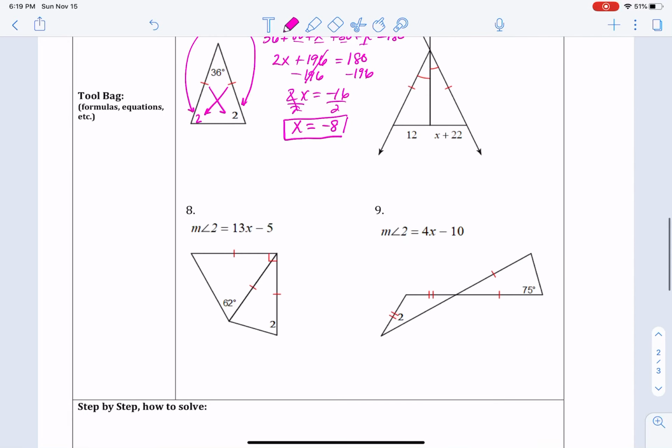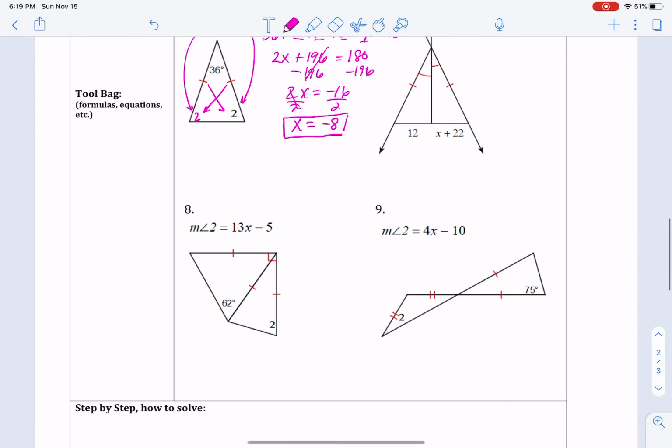As we look at number 8, if this is 62, then this is 62, and 180 minus 124 equals 56 degrees.